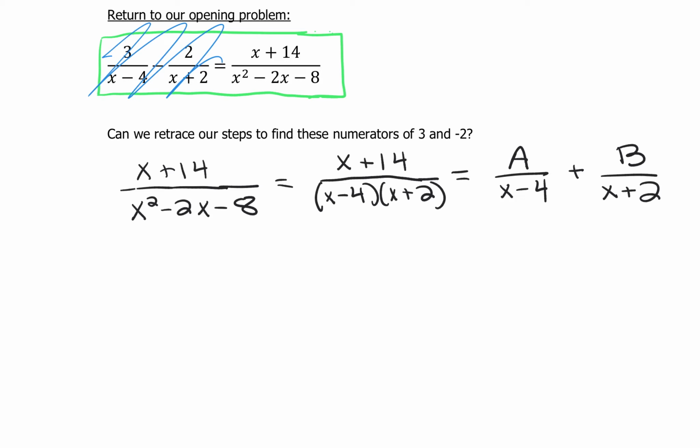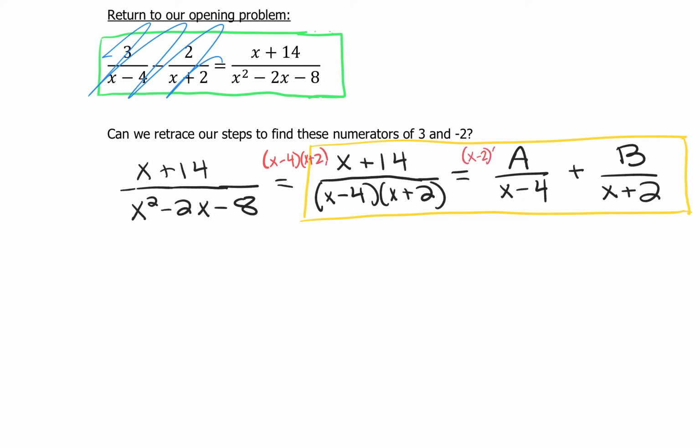So now that I have that, we're going to concentrate on this equation here. And we'll do it a different way than we did on the previous example, just so that we can see both of those visuals. So here, I'm going to multiply through by that original denominator. So I'm going to multiply my left side by x minus 4, x plus 2, and my right side.